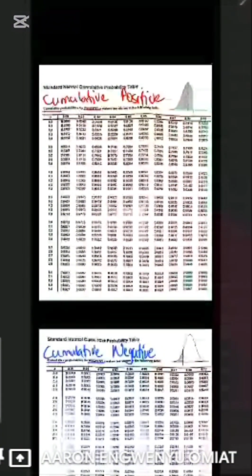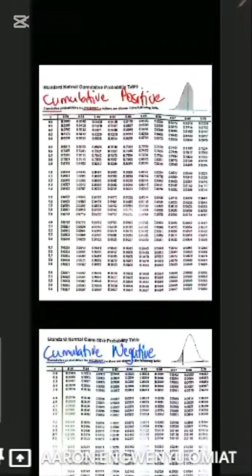Okay. So in an exam, you would be given two charts. One is a cumulative positive chart, which covers values after the mean.